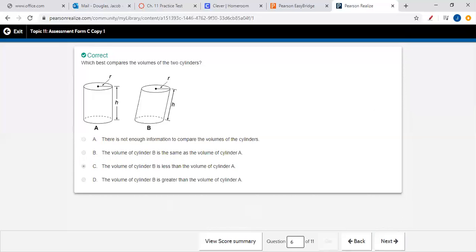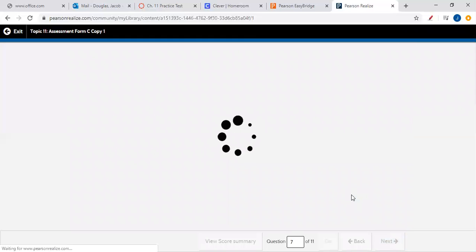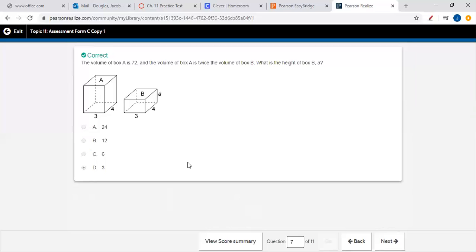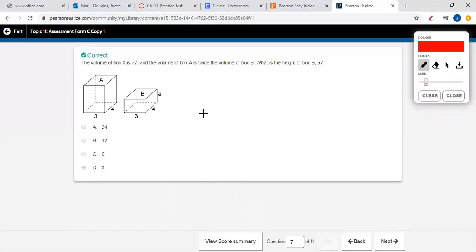All right, so moving on to number 7. Number 7 says the volume of box A is 72. The volume of box A is twice the volume of box B. So what is the height of box B? This one kind of sounds confusing, but it's really not that bad.